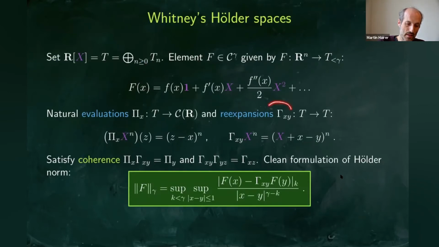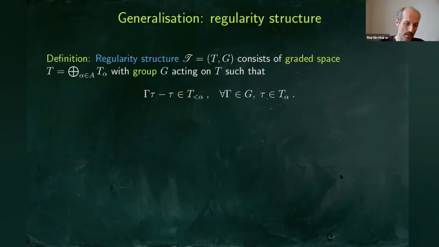So R with addition as its group structure acts on this space by mapping X to X plus an element of R. This is a group action, and these gammas are of the form of some element in that group, the number being x minus y. So we keep that structure.